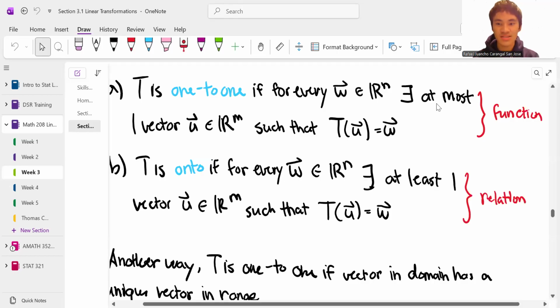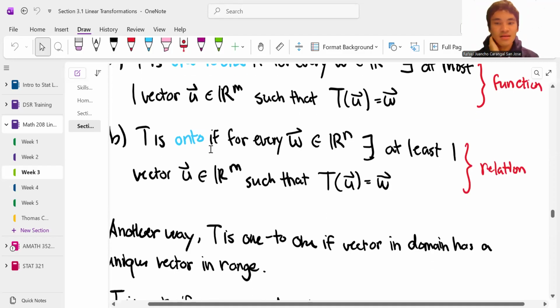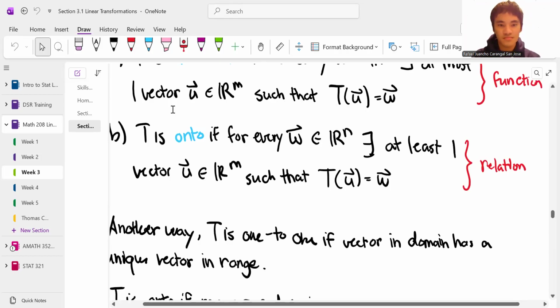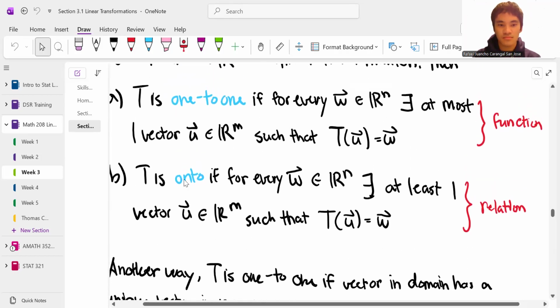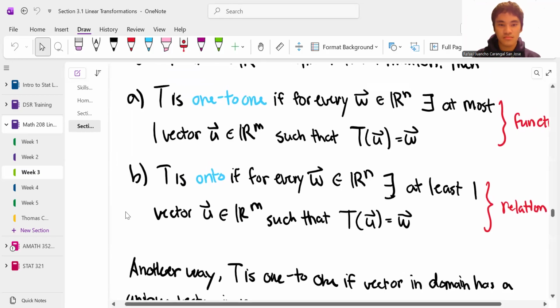So here at least, and here at most. So there could be tons of U's that would give me this W if it's onto. If it's one-to-one, it's only that U.